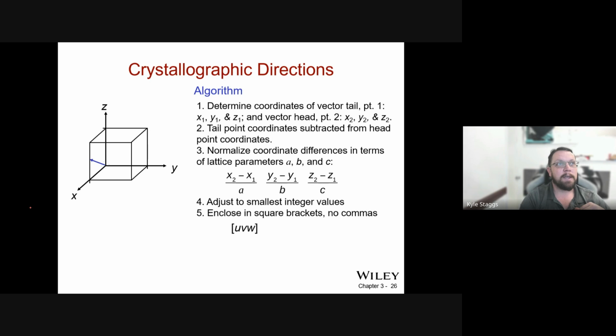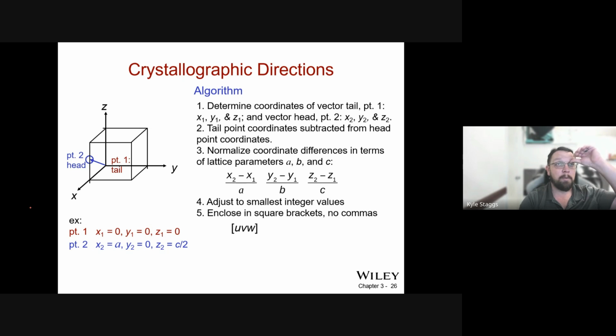So that looks like this. The tail is at 0, 0, 0. Y1 is 0, Z1 is 0. You have the head. So this is X2, Y2, Z2. X is at A, but y is at 0, and z is at half c.